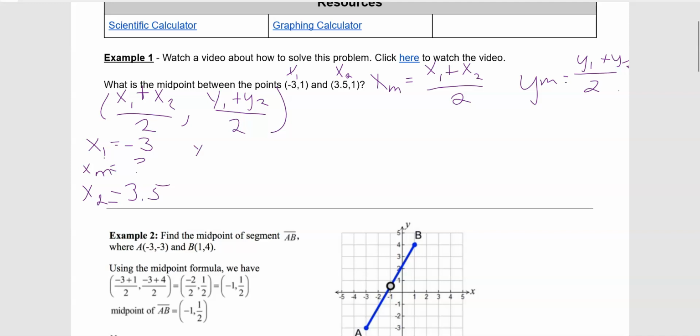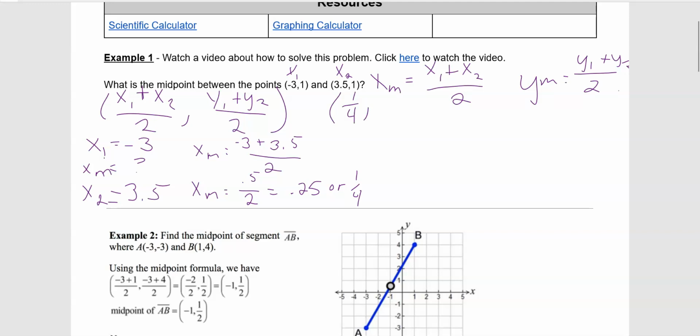So x of the midpoint is equal to x1, which is -3, plus x2, which is 3.5, divided by 2. -3 plus 3.5 is 0.5, divided by 2, and that's going to equal 0.25, or 1 over 4. So the x of the midpoint is 1 over 4.